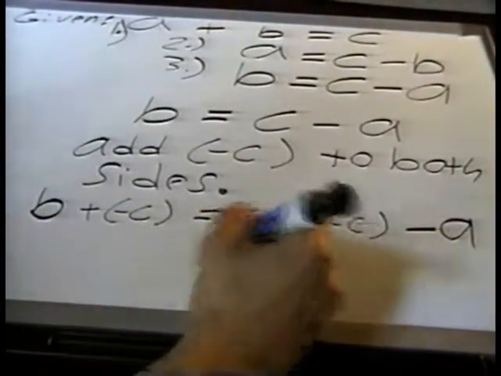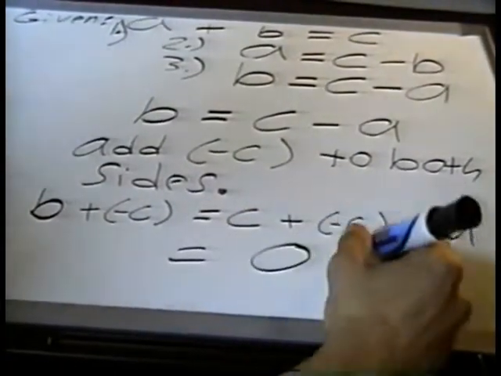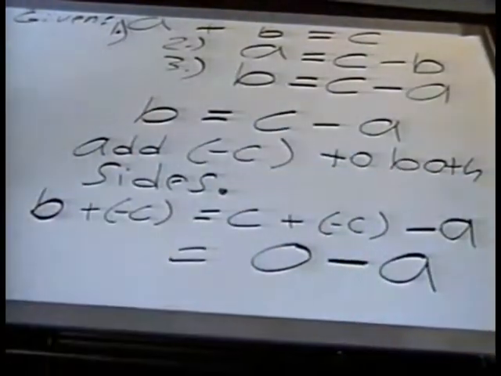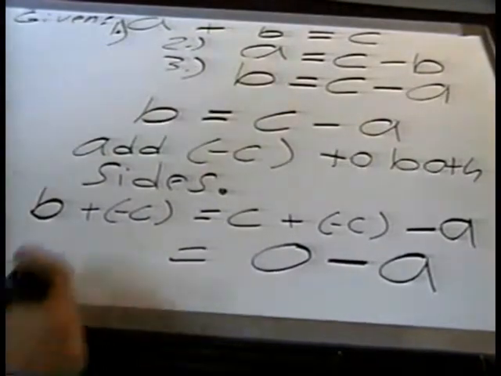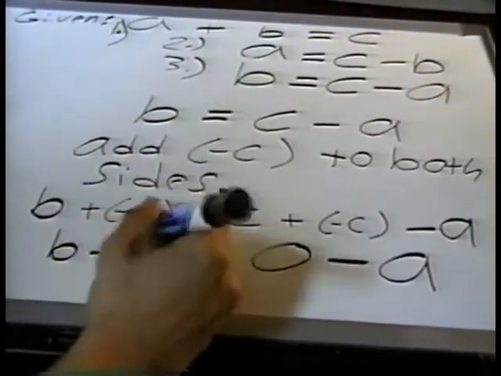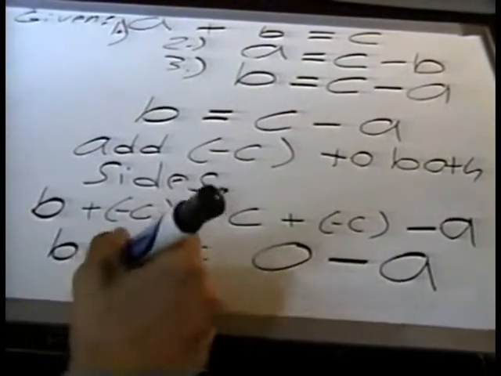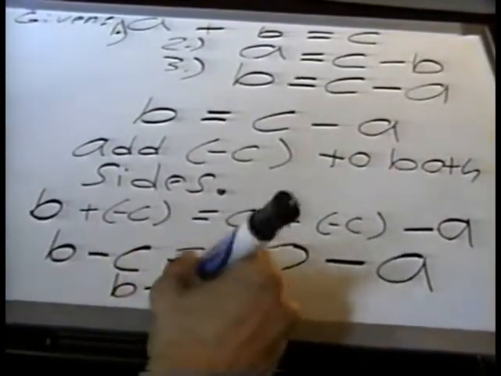Now, let's say A equals 2, B equals 4. And what does C equal?